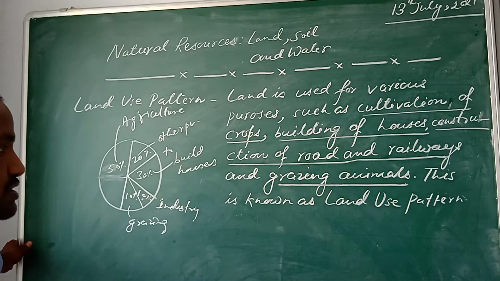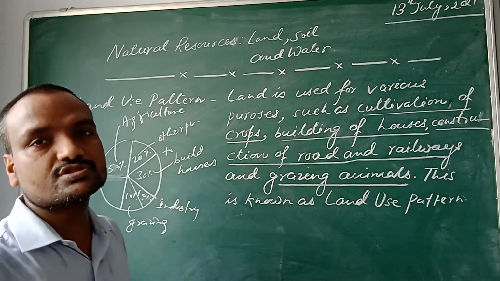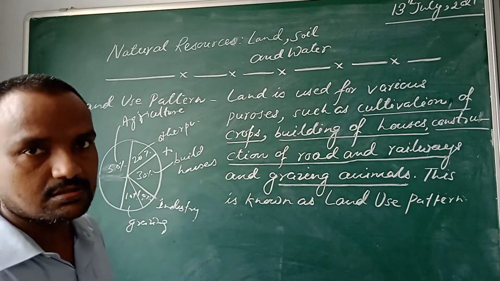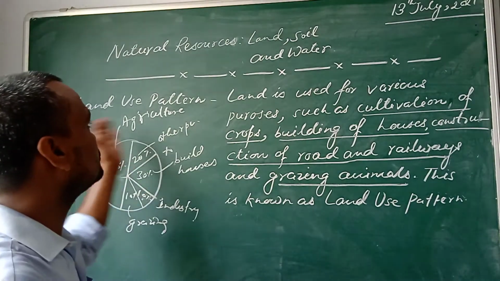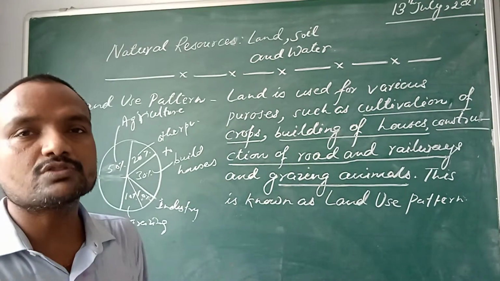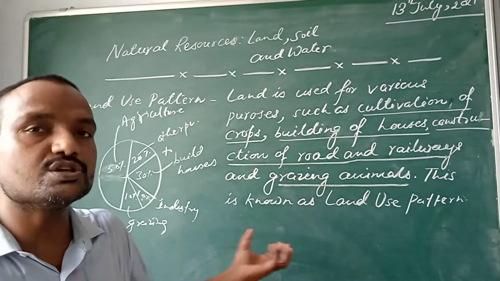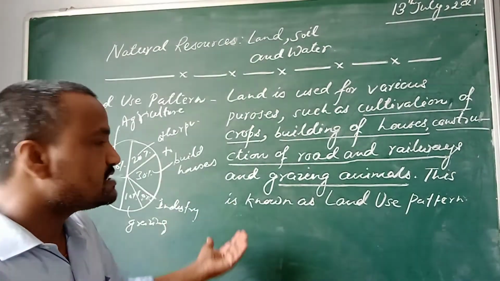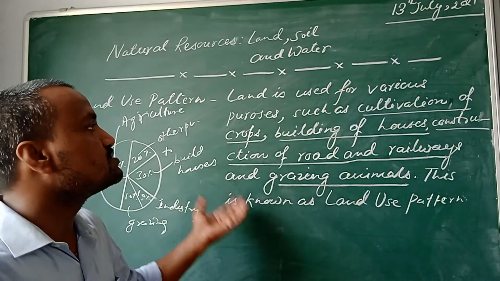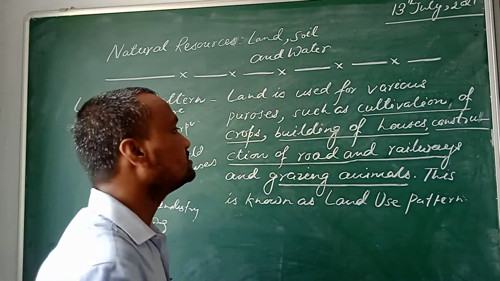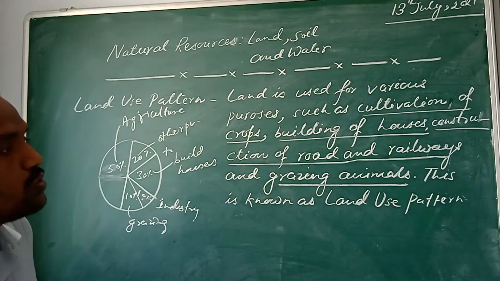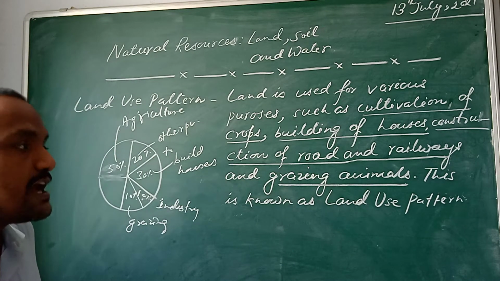Actually, how land will be used is determined by two factors. But first, students, let me repeat: land use pattern is nothing but the purpose for which land is being used. Land is used for cultivation, for building of houses, for construction of roads and railways, and for grazing animals.